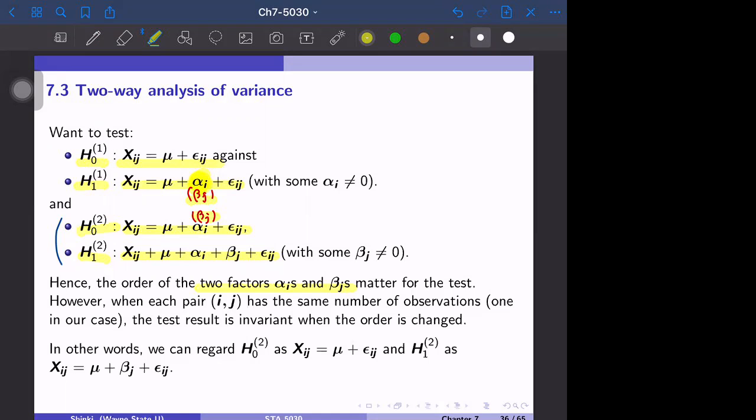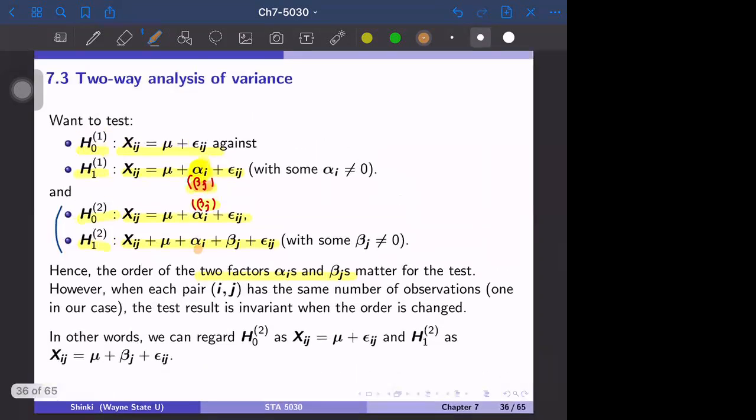So if we test the effect of beta j in the first test and the effect of alpha i in the second test, or the other way around, anyway, the p-value for beta j is the same for both testing schemes. And the p-value for the effect of alpha i is also the same for the two schemes.